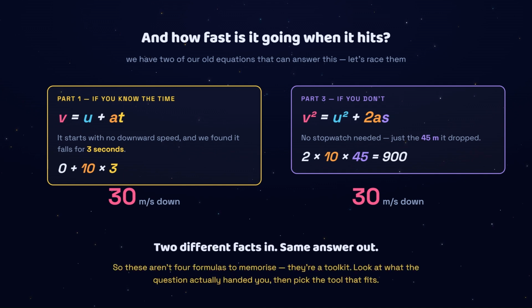Plug that into the third equation, and after taking the square root, you get the same answer, 30 meters per second downward. Different information. Same result. That's why these aren't just formulas to memorize, they're tools. Use the one that matches the information you're given.